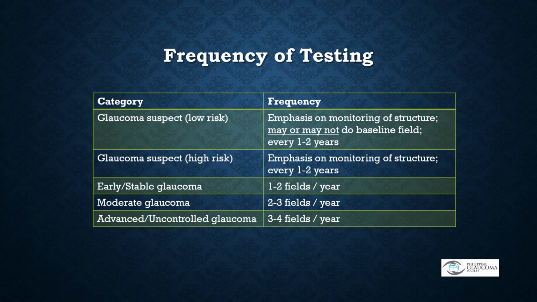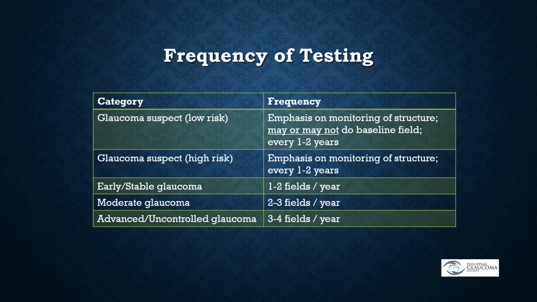So this is a general guide to the frequency of testing for a glaucoma suspect who's low risk. We should emphasize monitoring the structure, and you're entirely justified if you decide not to do a visual field test, because it's just going to be normal, and if it's not normal, it's just going to confuse you.